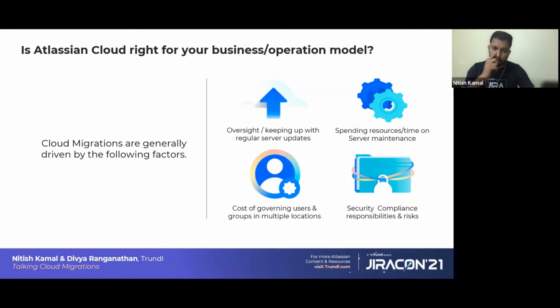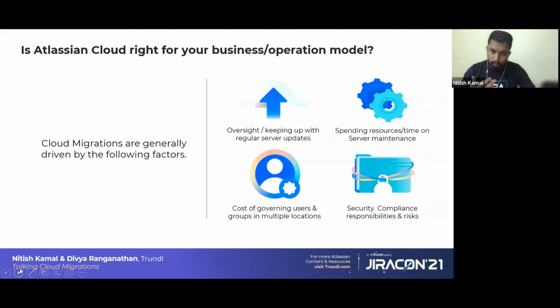And if you are a healthcare or a pharmaceutical company, there might be some security regulations which you will have to follow. So Atlassian has covered a lot of these regulations, but there might be some internal things which is specific to your company. So that is what you will have to understand before deciding to migrate. And while strategizing, that is going to be a major factor.